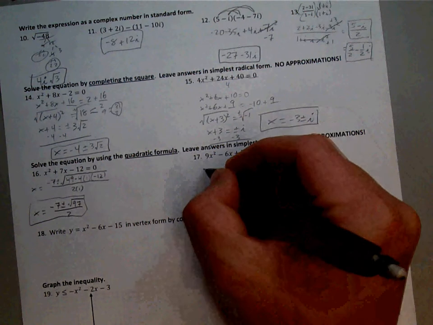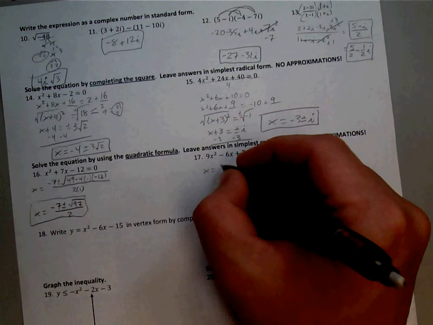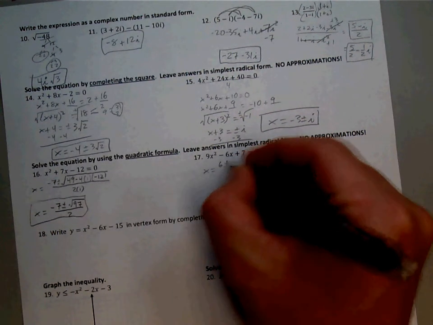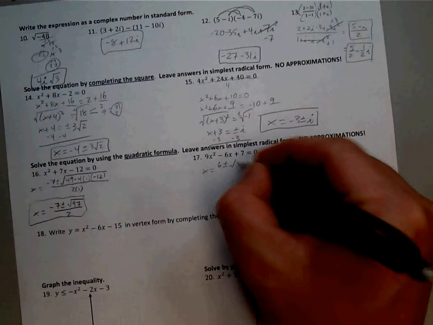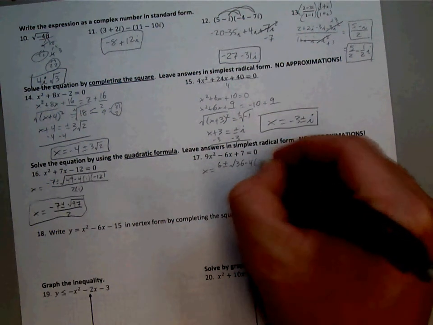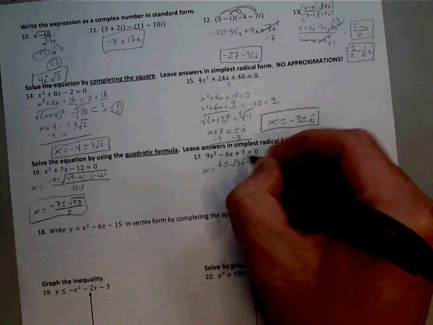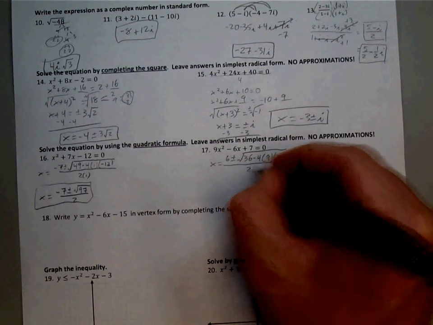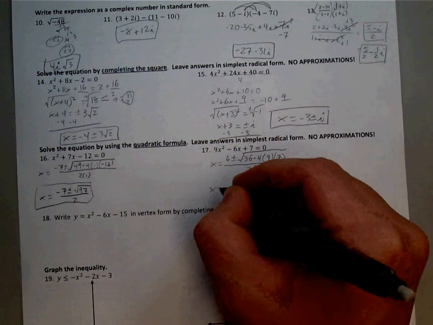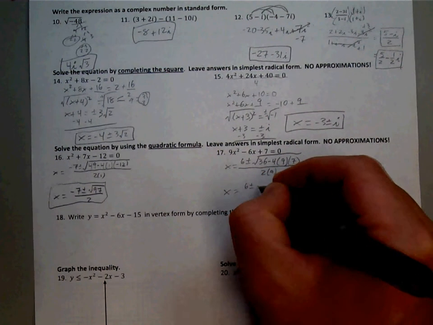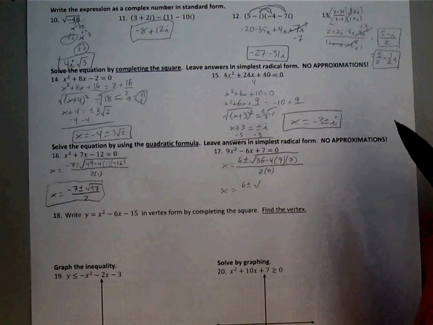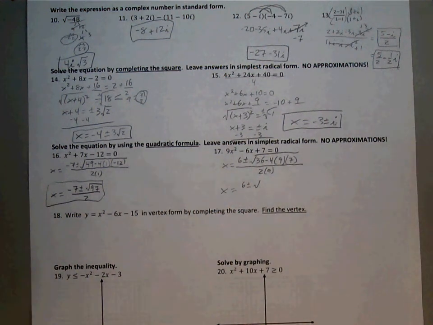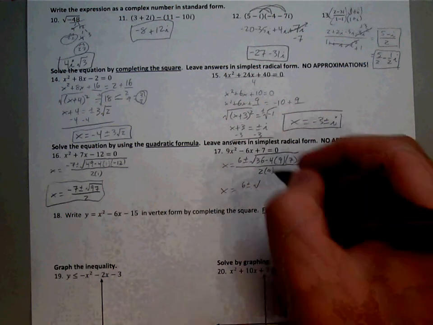Number 17, x equals negative negative 6 plus or minus square root of negative 6 squared, which is 36, minus 4 times a times c, over 2 times a. 4 times 9 times 7 is 252, so I have 36 minus 252, which is negative 216.